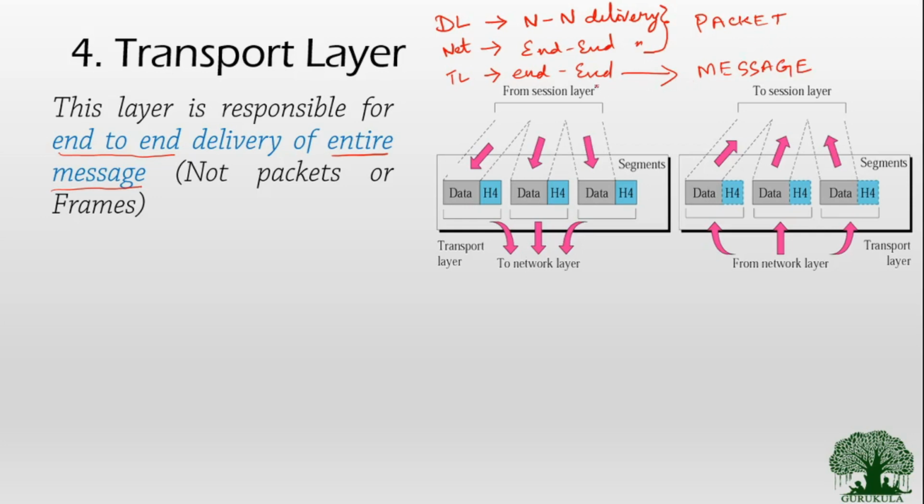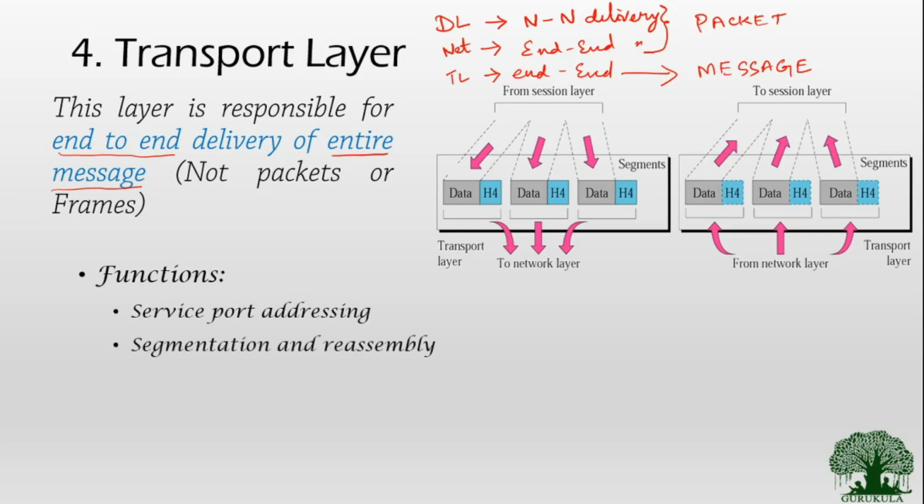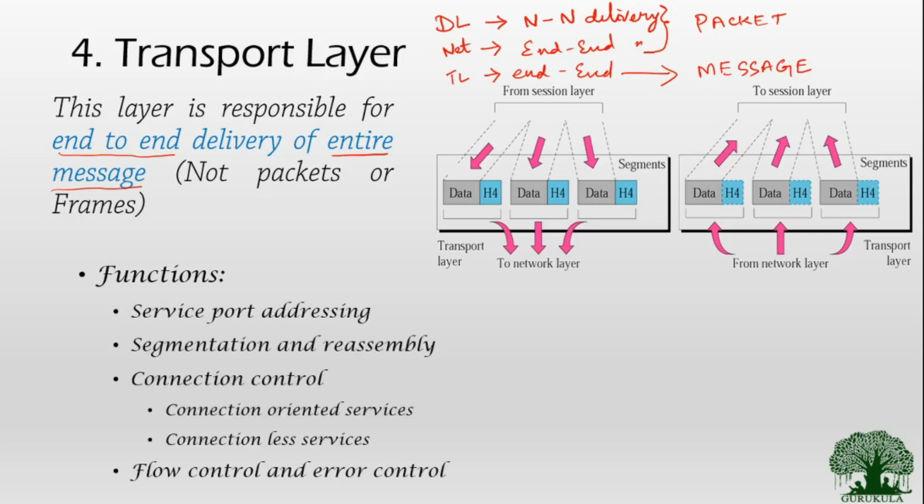In the transport layer, the primary functions are service port addressing, segmentation and reassembly, connection control, and flow control and error control. In addition to the data link layer, your transport layer will also include some amount of flow control and error control, which will be discussed in the later part of this module.